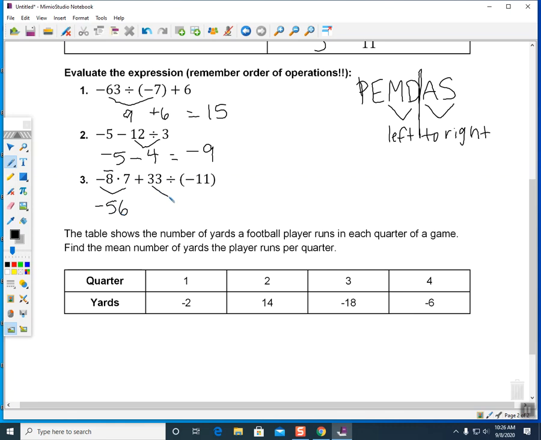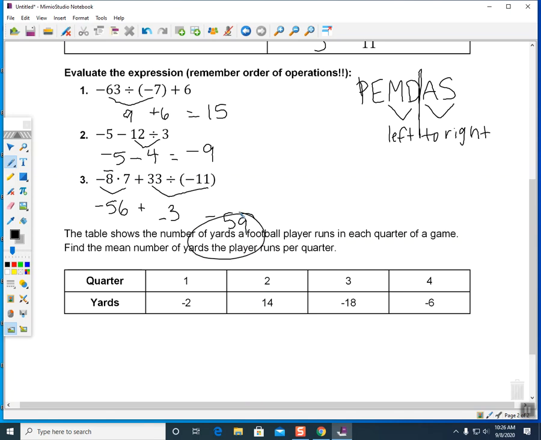Next, I'm going to do this part. 33 divided by negative 11 is going to give me a negative 3. Negative 56 plus a negative 3, or negative 56 minus 3, is going to give me negative 59.